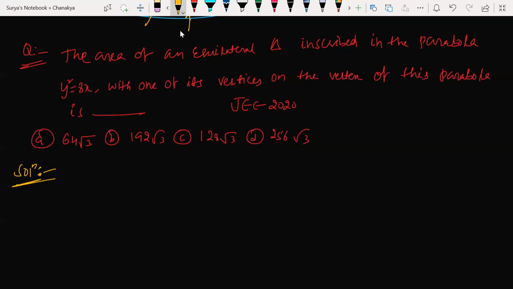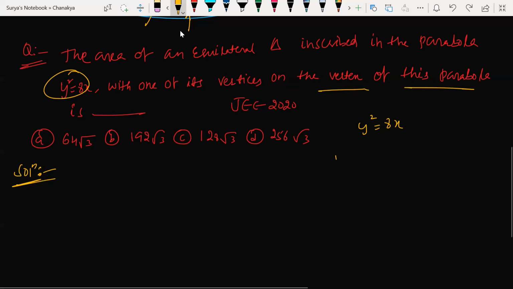Look at this, one of the vertices. Basically, what he has given is this parabola, y square is equal to 8x. What type of parabola is this? Positive x-axis parabola, I mean right-handed side parabola.